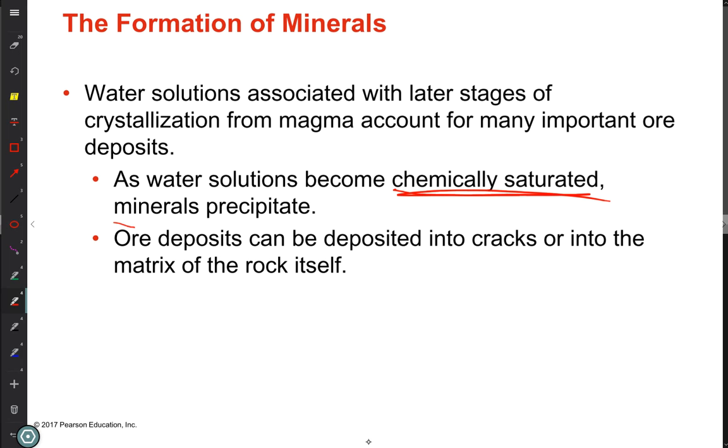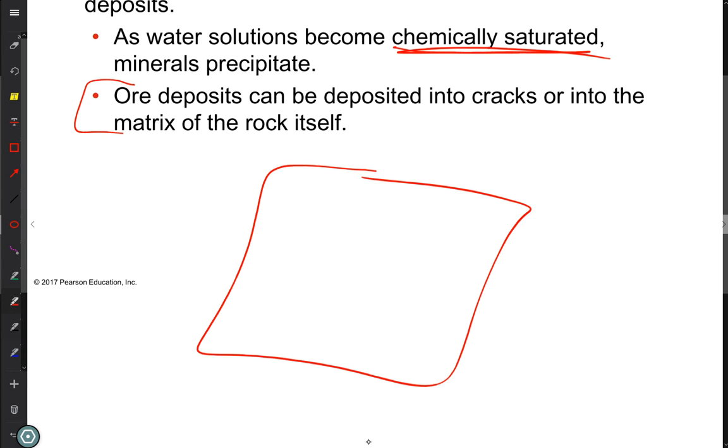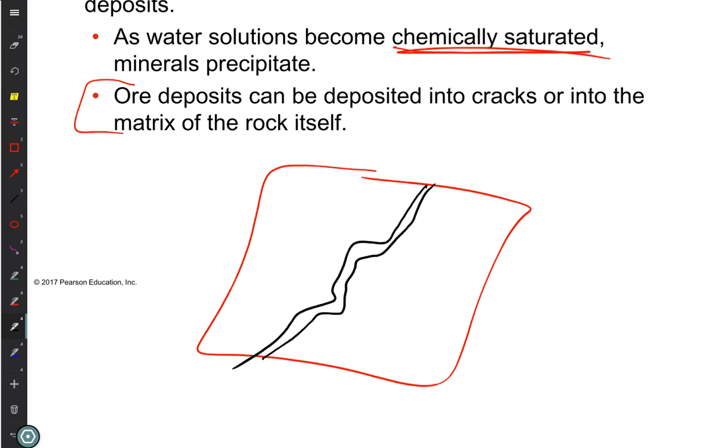Here's something that you may have noticed in rocks. Have you ever seen a piece of granite? So here's a big chunk of rock. And in that rock, you have like a white line that goes through it. That's because you had a fissure or a crack in the rock and water flowed through that crack. And as the water flowed through that crack, just like water going through a pipe in your house, you can have mineral deposits.